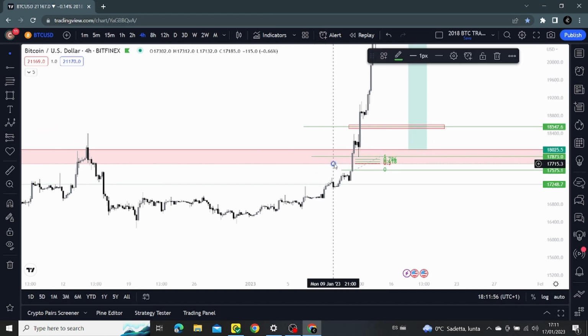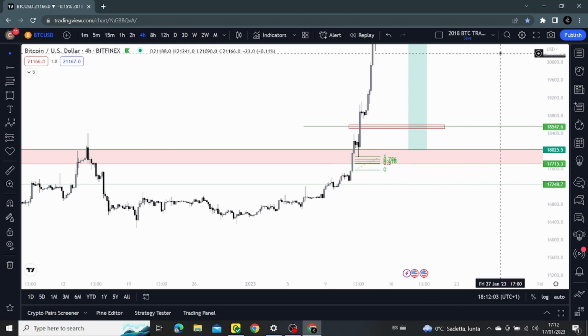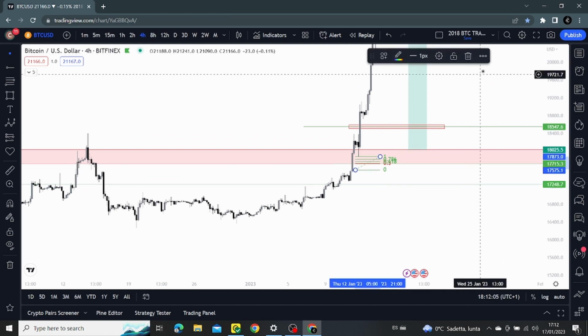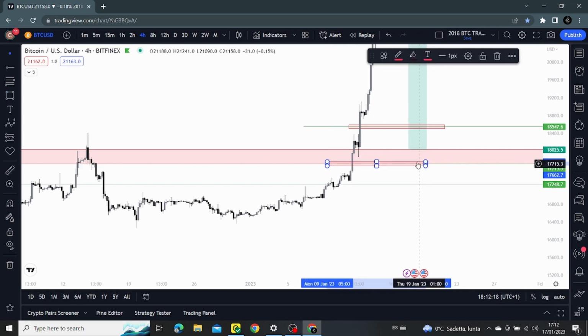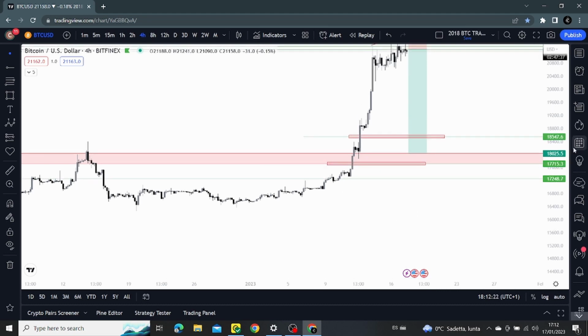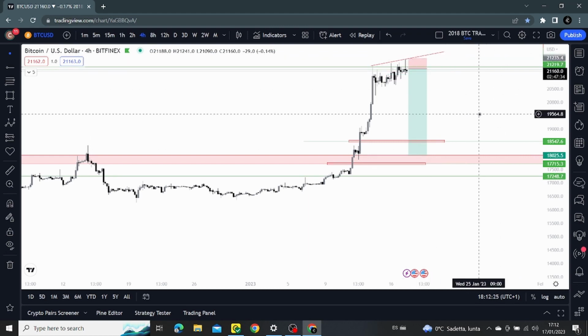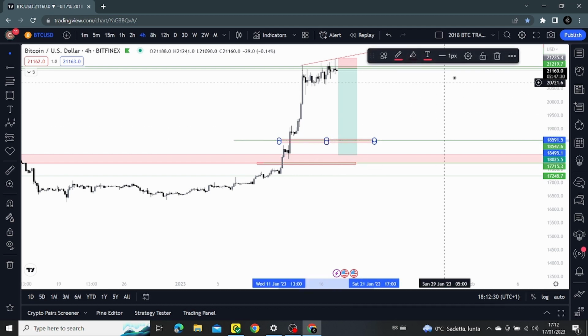We're gonna take out the upper side and the lower side of the range, and we can see that the middle range of the imbalance is coinciding with the strong support that I marked. Here is the red box. Okay, this is a very nice point of interest for a long position. We have our short position, and this one is gonna be my long position.